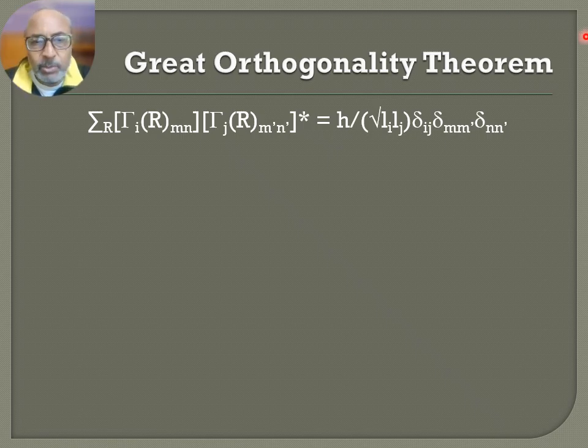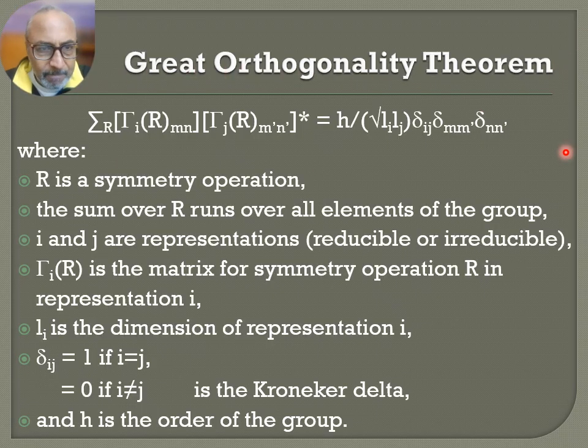So this brings us to the great orthogonality theorem, which can be written in this rather complicated form, where the sum over R runs over all the symmetry elements in the group. I and J are representations, and these can be either reducible or irreducible representations. We will define these later.